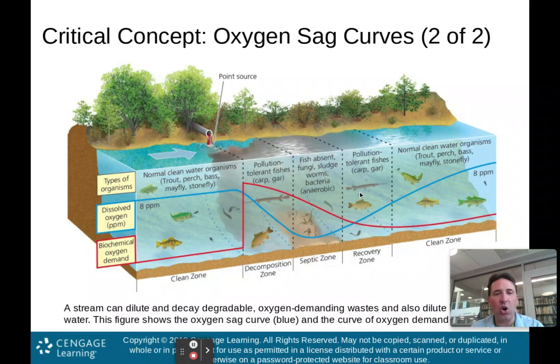So that's what's known as an oxygen sag curve, where the pollutant comes in, the biological oxygen demand increases, which then decreases the dissolved oxygen in the water. That then causes your dead zone, which kills a lot of fish, a lot of organisms.